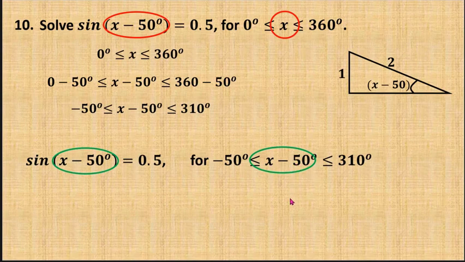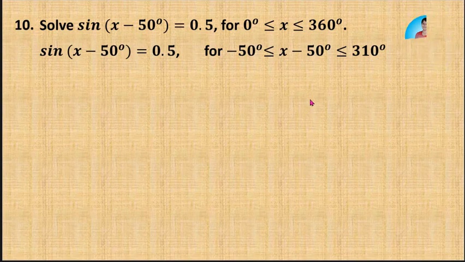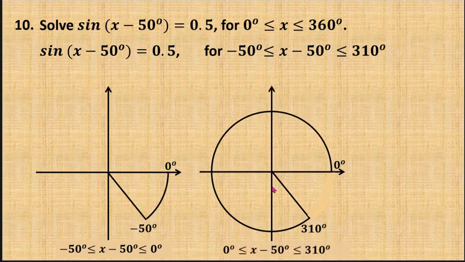Next, I'm going to find the position of the angle. Since the range of the angle is from negative 50 to 310, this means that the range involves two circles. The first circle is from negative 50 to 0, and the second circle from 0 to 310. The basic angle is 30 degrees.